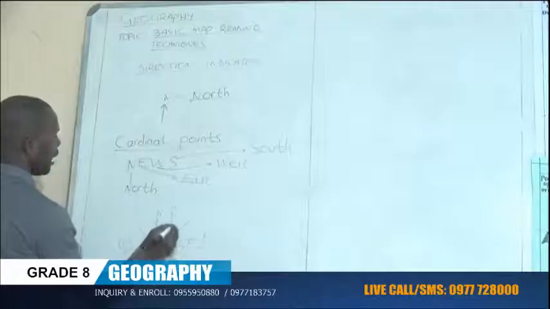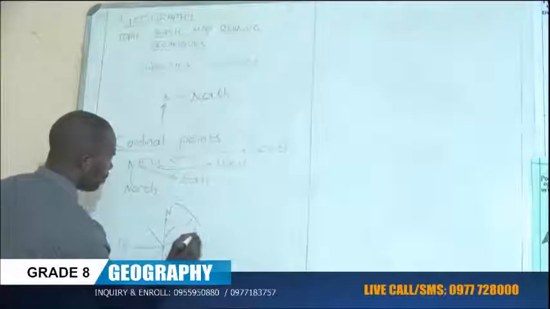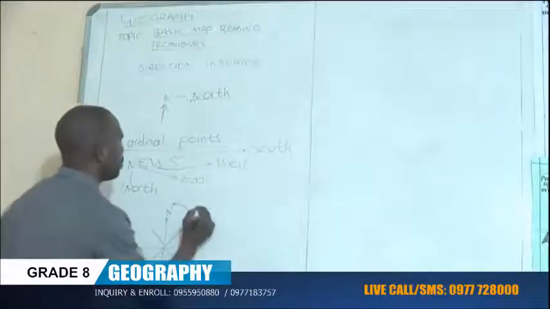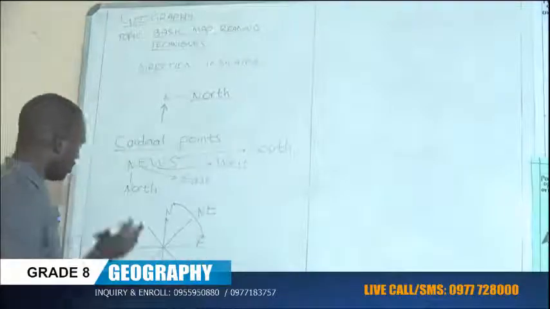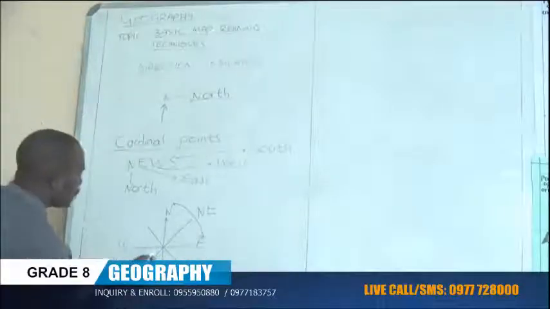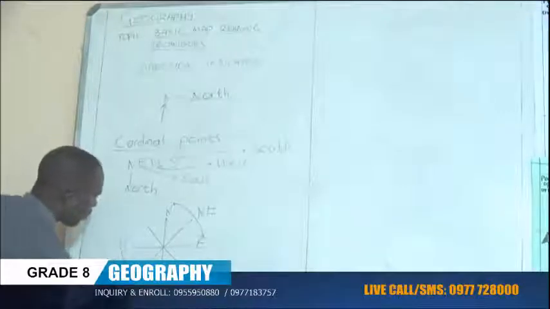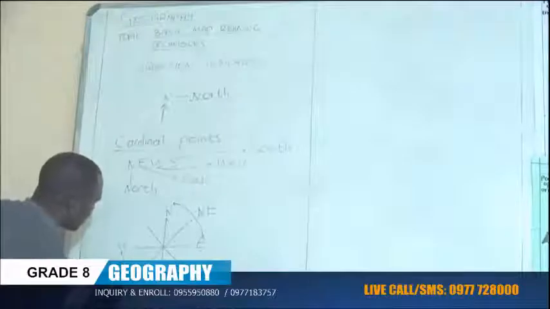Now there are points again which lie between these cardinal points. These points lying between these two. For example, any point which is lying between N and E, we call this point the northeast, NE. This point which is lying between south and the west, it is what we call southwest, SW.